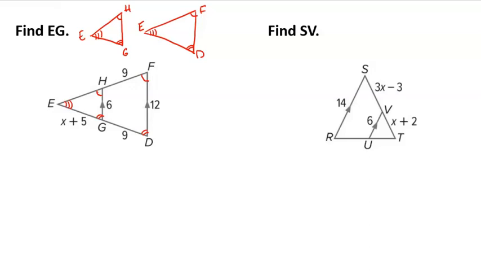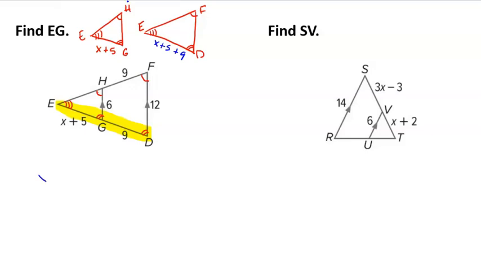So now from here, for EG, we have X plus 5, but for our bigger triangle, it's this entire side. And so that means that this one is going to be X plus 5 plus 9. It's going to be that entire thing.